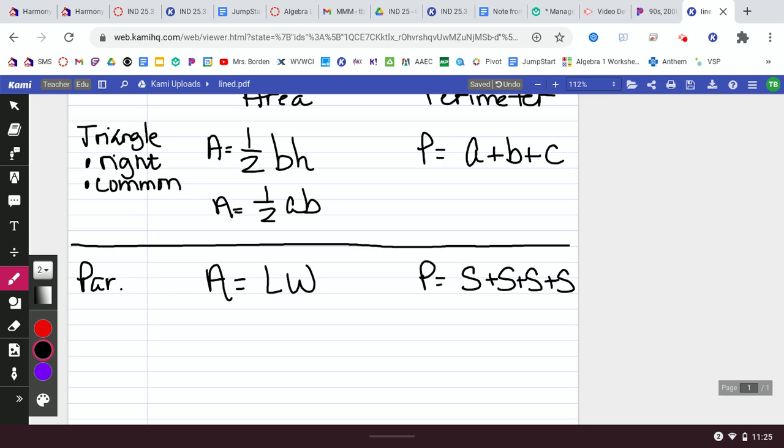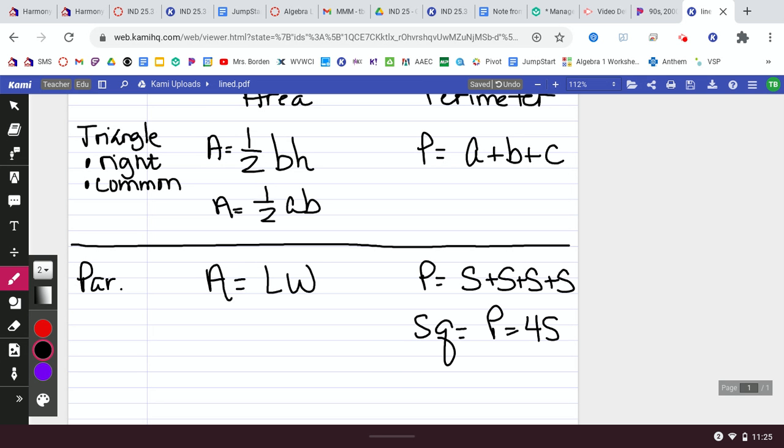I'm still talking about the perimeter here. What is unique about all the side lengths of a square? Yeah, they're all the same. So for perimeter, instead of saying side plus side plus side plus side, if it's a square you could say perimeter equals 4 times side. You're going to get the same answer either way. It's just whatever way is easiest for you to think about it, okay?